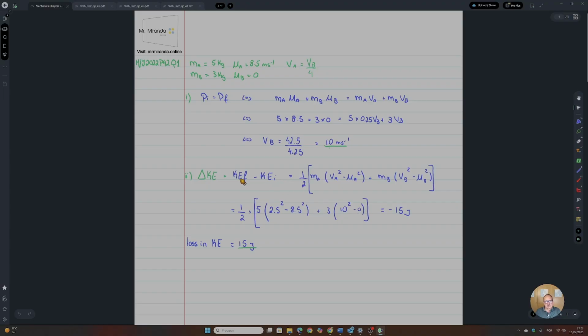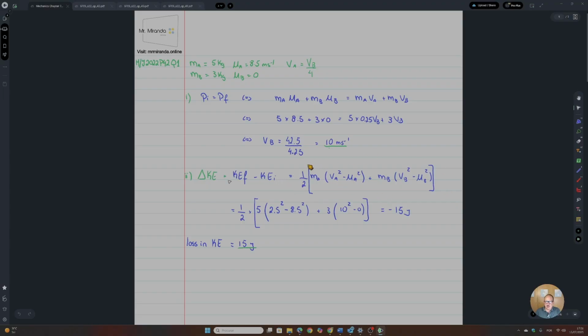Okay, so it's going to be 1/2 MAVA squared plus 1/2 MBVB squared minus, open brackets, 1/2 MAUA squared plus 1/2 MBUB squared, close brackets, okay?